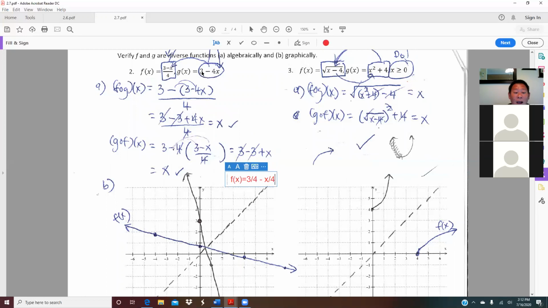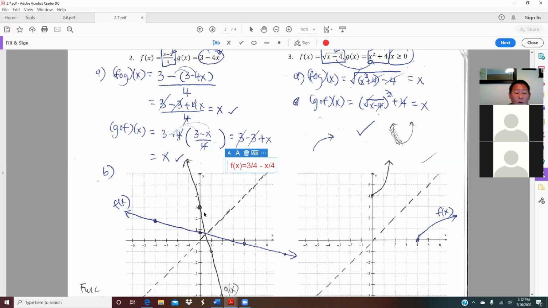For g of x, your y-intercept is 3, but your slope is -4/1. So I go down 4 over 1. You find out that these two lines will cross at one point. But when you draw y equals x, the dashed line that you see is y equals x.